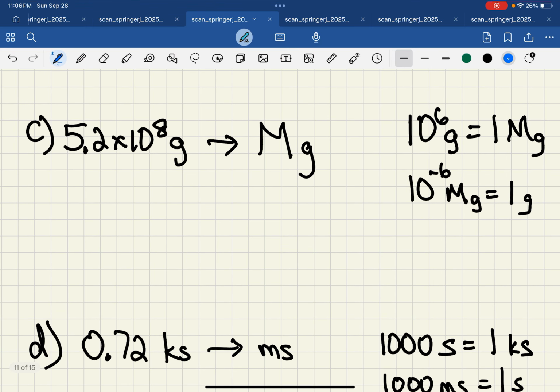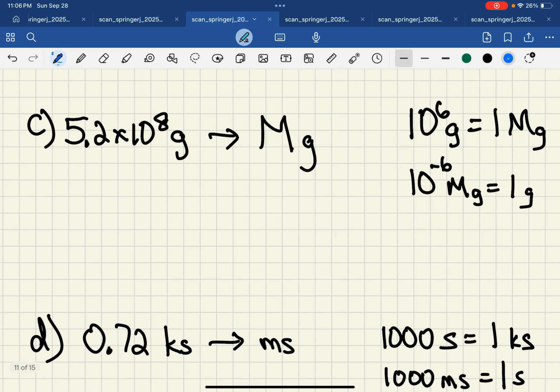Letter C. Now we've got grams to megagrams. Then there's 10 to the 6th grams in a megagram, or 10 to the minus 6 megagrams in a gram. So we're going to start with our 5.2 times 10 to the 8th grams. And I've got to have grams on the bottom, megagrams on top. The question is, do we want 10 to the 6th on the bottom or 10 to the minus 6 on top?